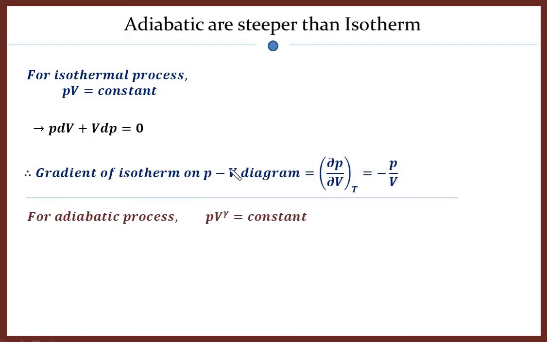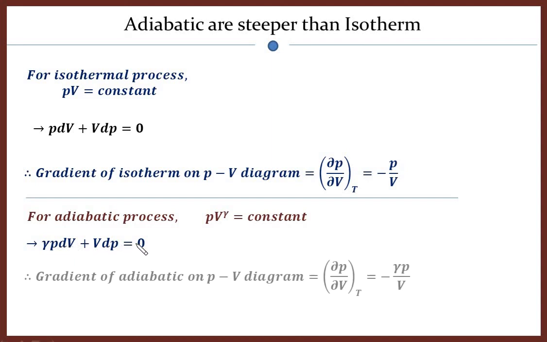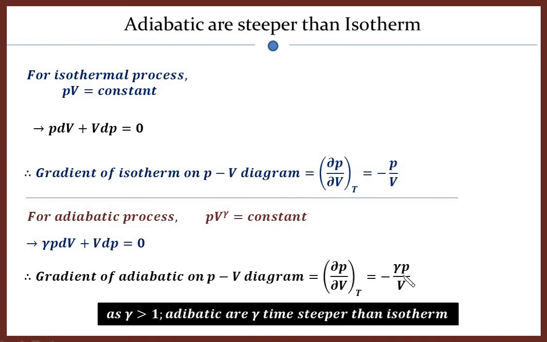Similarly, for an adiabatic process you can write PV to the power gamma equals constant. We have just derived this relation for the adiabatic process. If you differentiate this, you will get gamma P dV plus V dP equals 0. The gradient of the adiabatic on the PV diagram, which is del P del V, is equal to minus gamma P upon V. If you compare these two equations, you will find out the gradient of the adiabatic process is gamma times the gradient of the isothermal process.